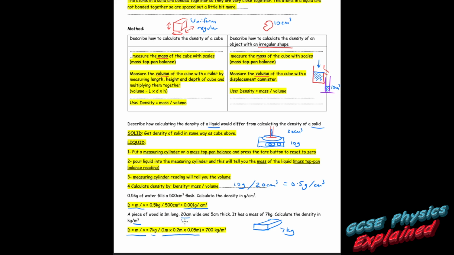So if you divide that by 100, that'll convert centimetres into metres, and we'll divide that by 100 as well to convert that from centimetres into metres. And your answer came out as 700 kilograms per metre cubed. So if you had a massive metre cubed block, that would be 700 kilograms, which sounds about right.